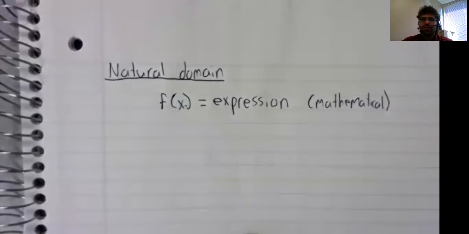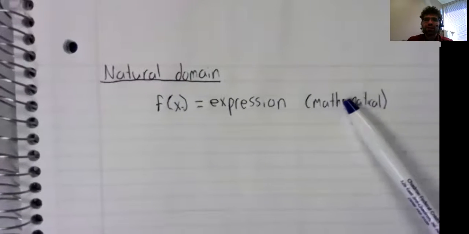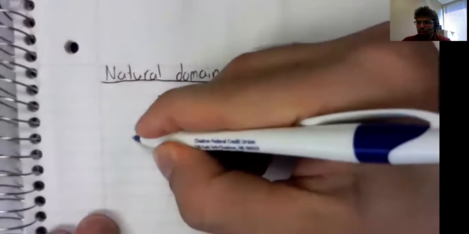If we remember when I first introduced functions, I talked about a function that takes people and assigns them to their oldest sister. That doesn't have a natural domain. We're looking at mathematical expressions here.